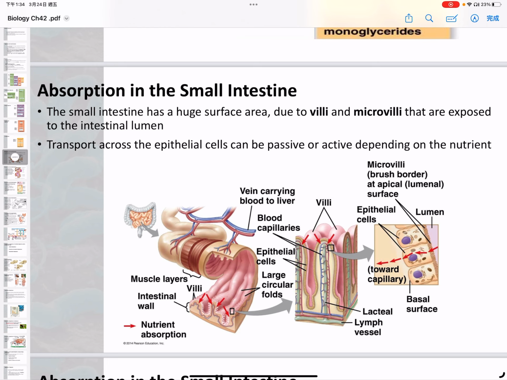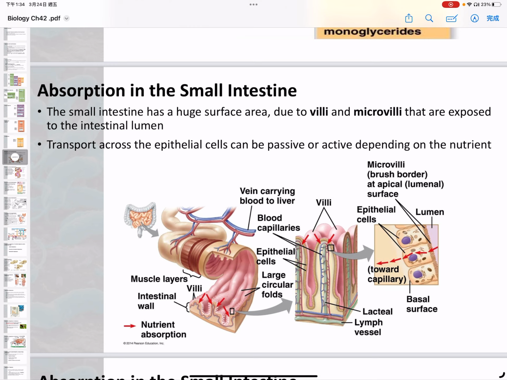And in the rightmost picture, we can see that on each villus, there are many epithelial cells, and our nutrients can enter the villi and pass by the epithelial cells. And on the surface of the epithelial cell, there are many microvilli, and they are also known as brush border.